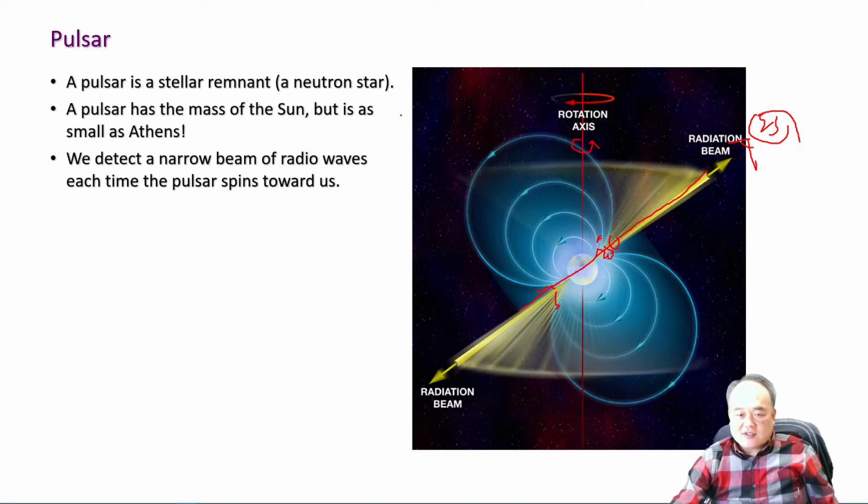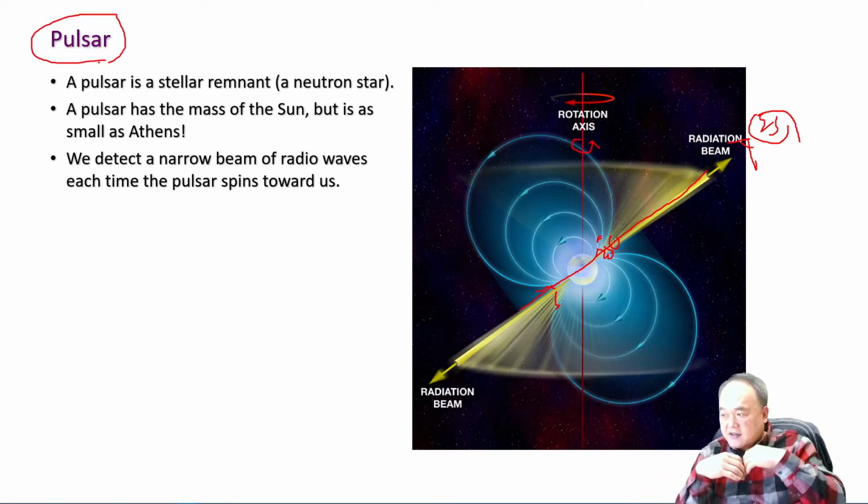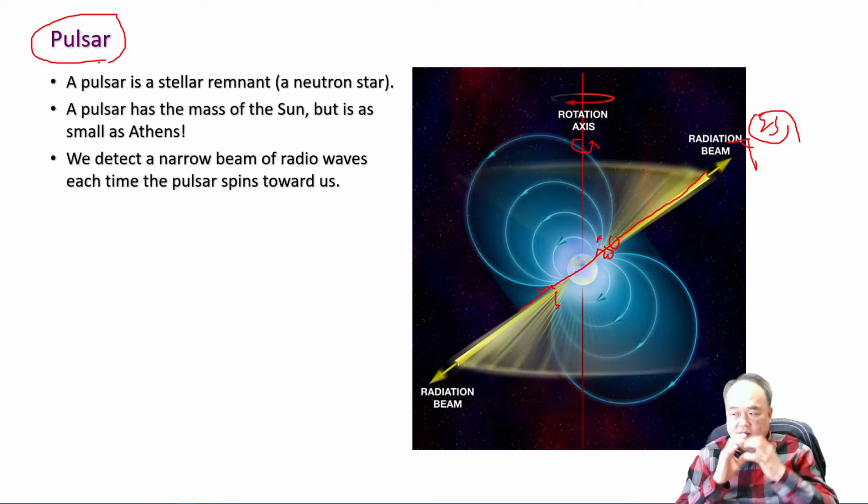These are known as pulsars. Pulsars are the end product of massive star evolution, and the pulsar is the prime example of synchrotron radiation at radio frequency.